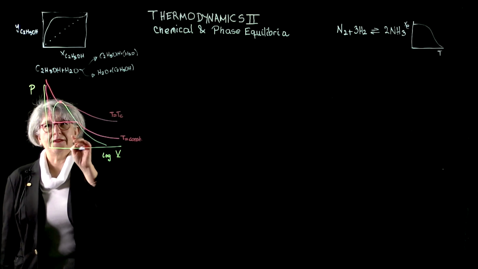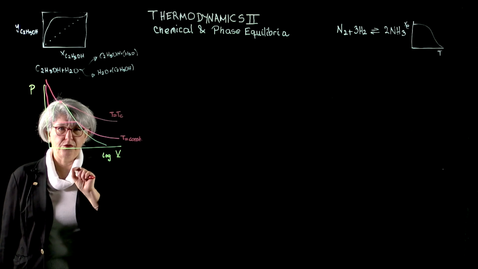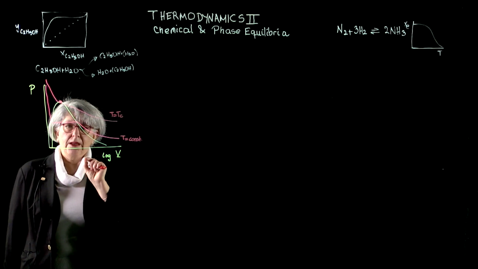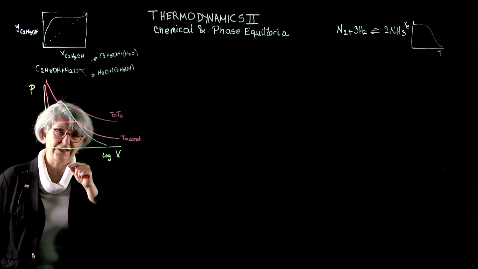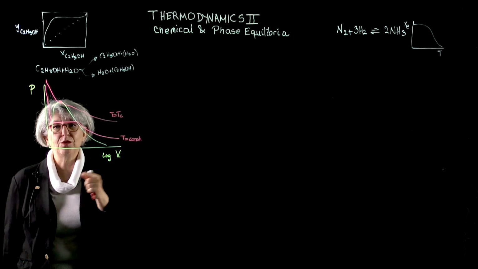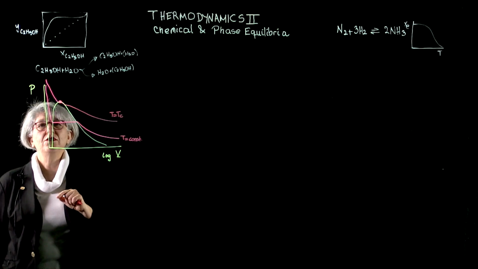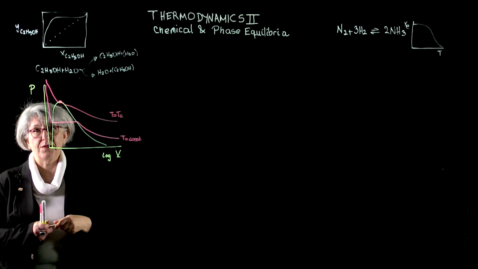And this is the vapor-liquid equilibrium curve of a pure fluid. Now, we have discussed this in the earlier videos, the details are there. I recommend that you go back and review those videos, but I will also go over them one more time here.